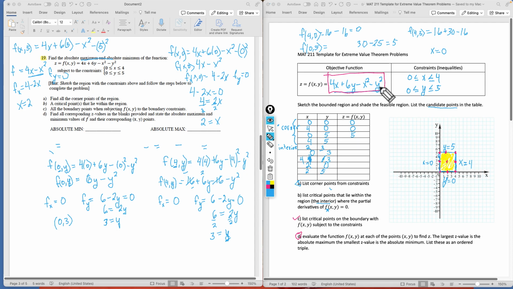And then minus 5 squared, which is minus 25. 16 minus 16 is 0. 30 minus 25 leaves us with 5. So far, 5 is the max. And it's occurring at 2 points, but we'll see what we get. Plugging in (2, 3). Okay, so maybe we'll get something different here.